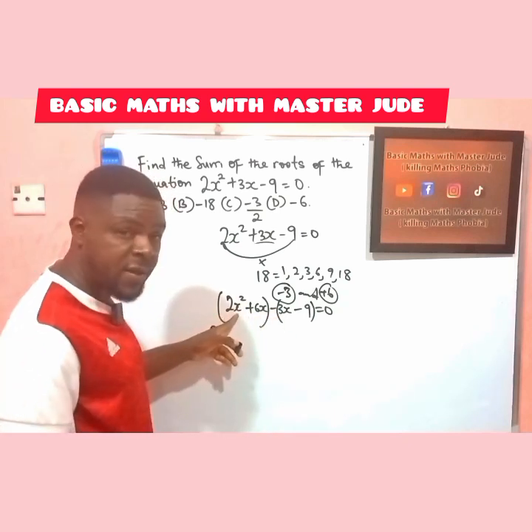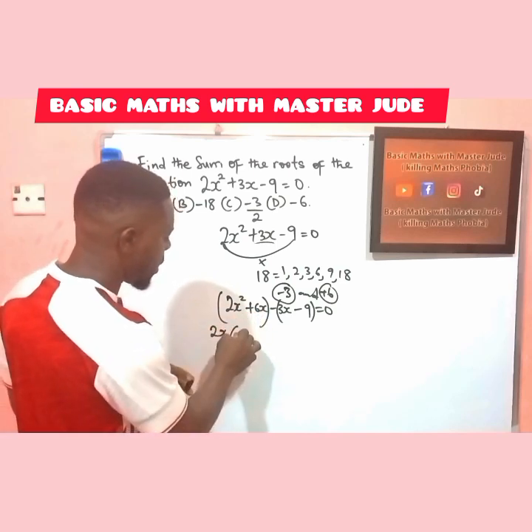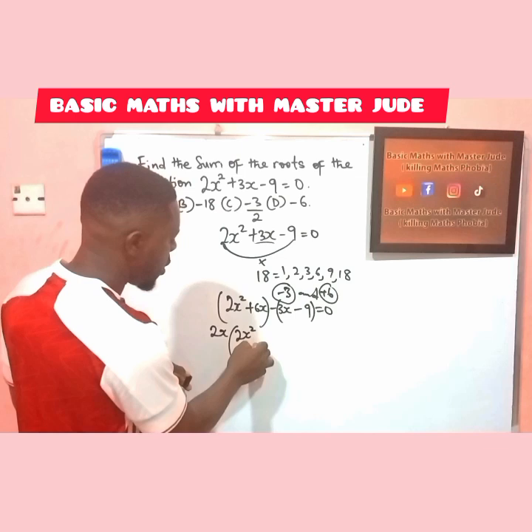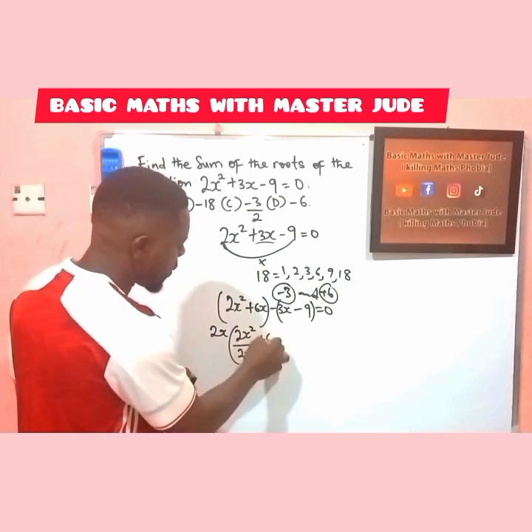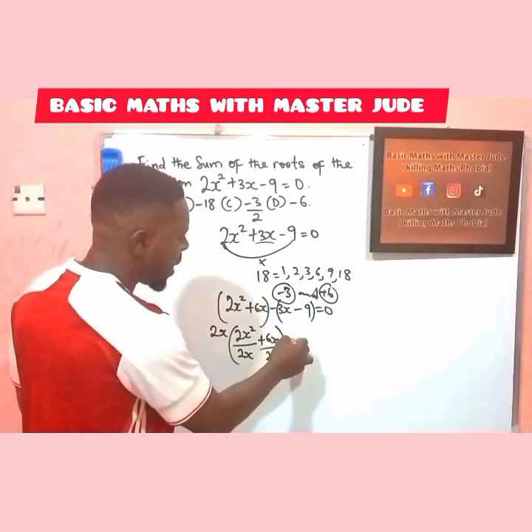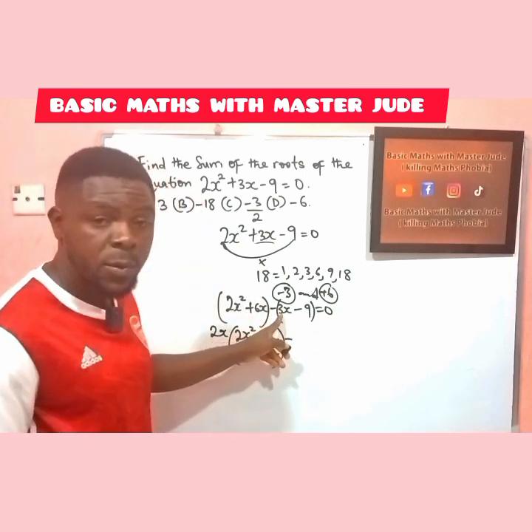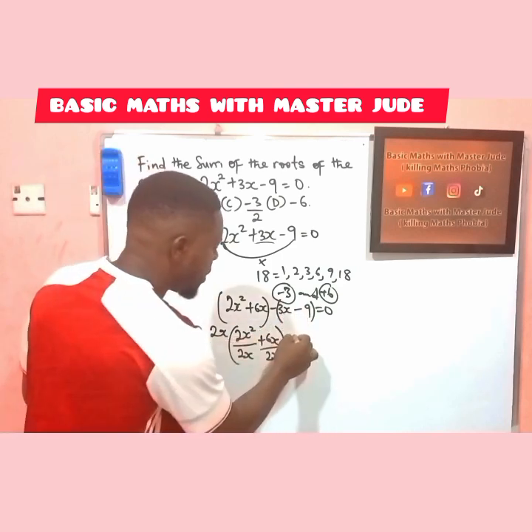Then we have x here and I have another x. I'll bring x here. Then I'll open my bracket. Then I'll bring down 2x squared all over the 2x I factored out plus 6x all over the 2x I factored out. Then minus 3 is common because 3 can divide itself and divide 9. I'll bring out 3.